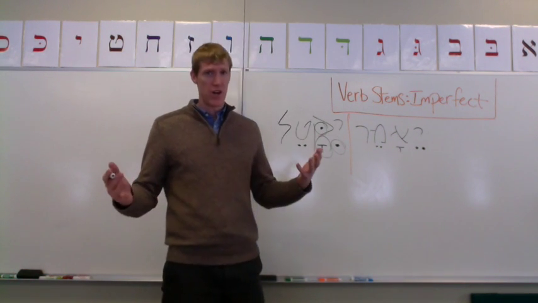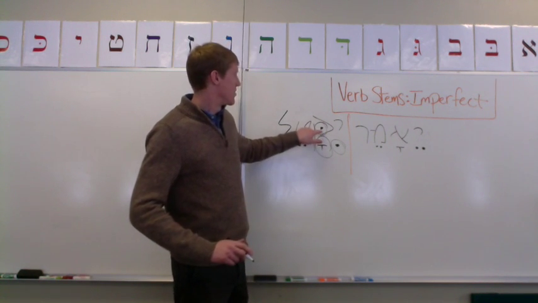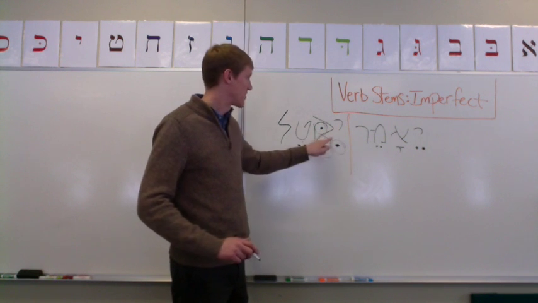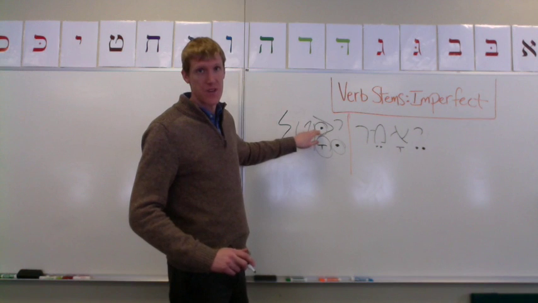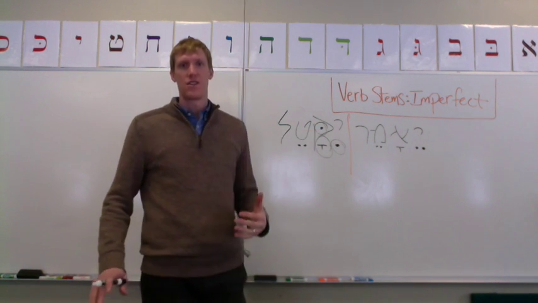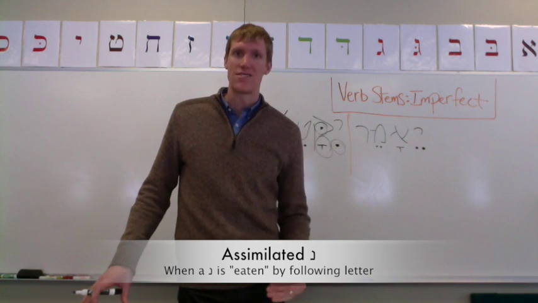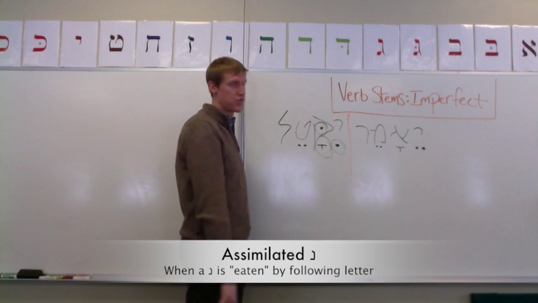And by the way, if you want another fancy grammatical term, this nun that becomes a dagesh forte here, the sign of the Niph'al prefix, the nun gets eaten here by the kof, that is called an assimilated nun. Assimilated nun. So the nun gets assimilated into the first root letter.